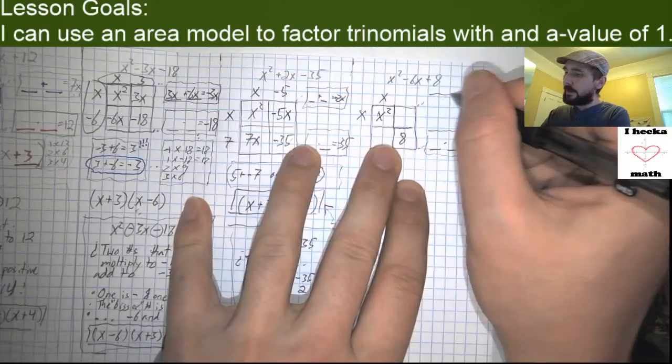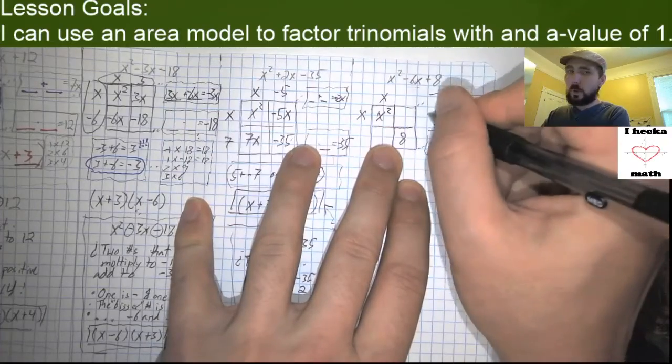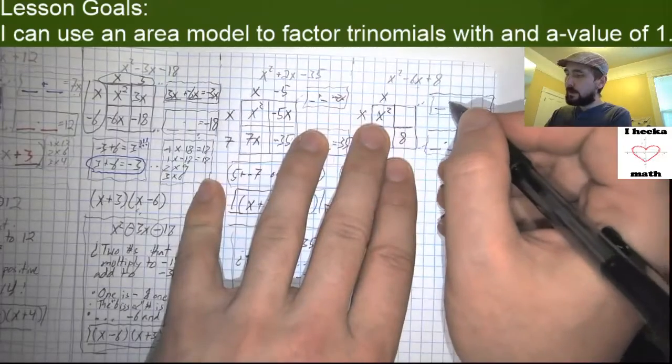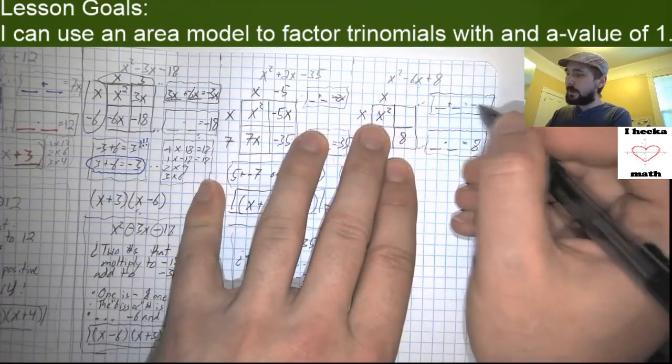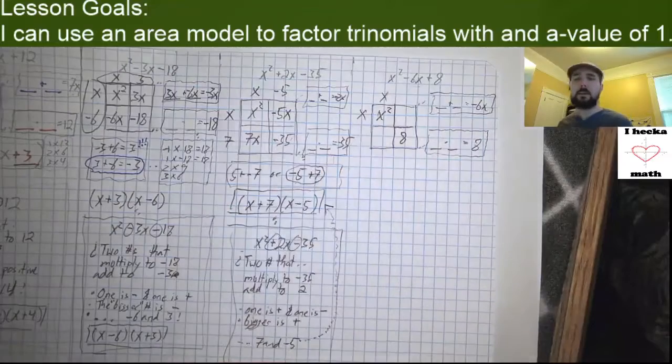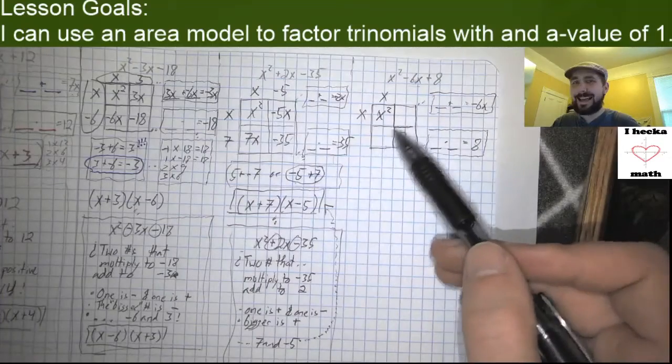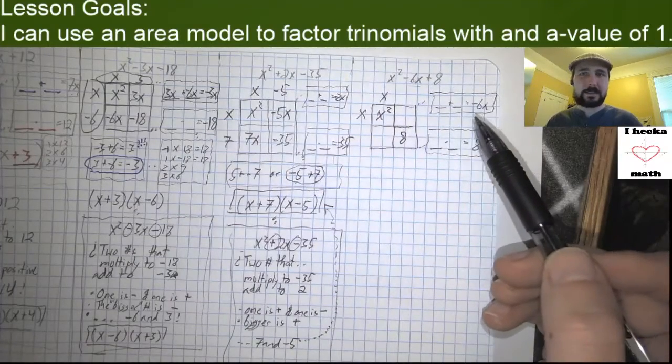And I know that somehow the total sum, something plus something, has to be negative 6x. So what multiplies to 8 but will somehow let us add to a negative 6?